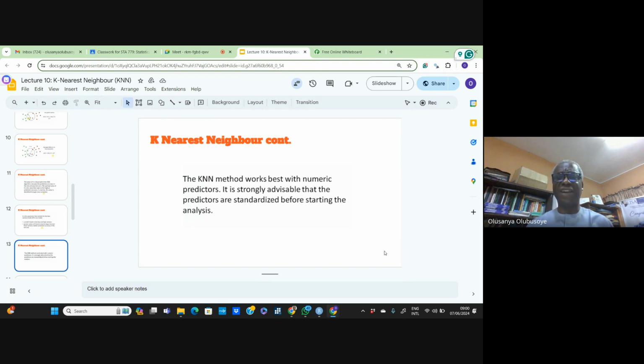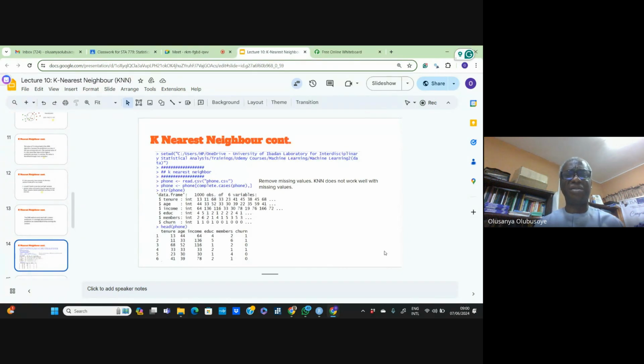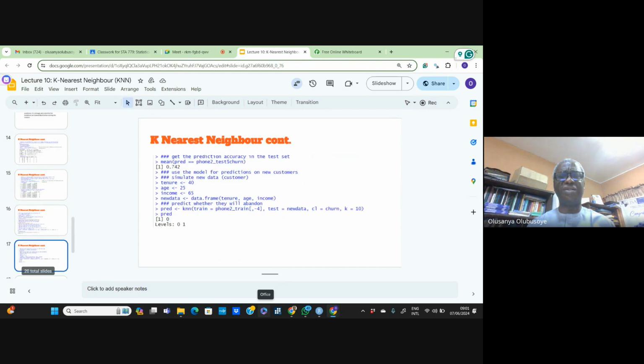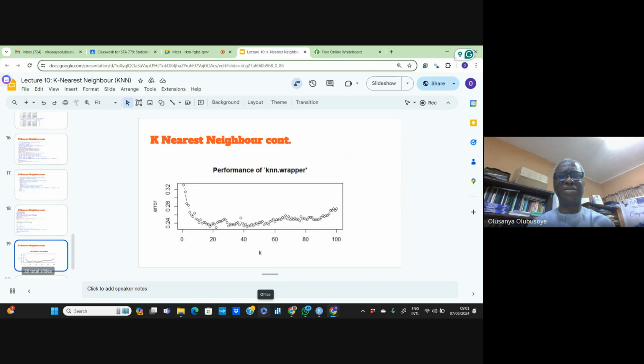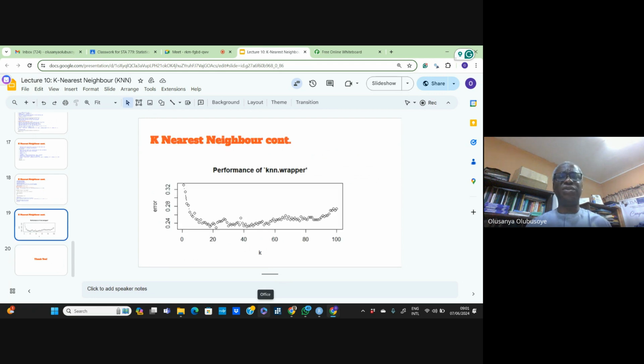So it's strongly advisable to standardize the predictors before you do analysis. Standardizing means to convert them to standard form. I won't go into this one now, but if you want to reproduce the result here, I can also give you the data, but I use that lecture for a different purpose.